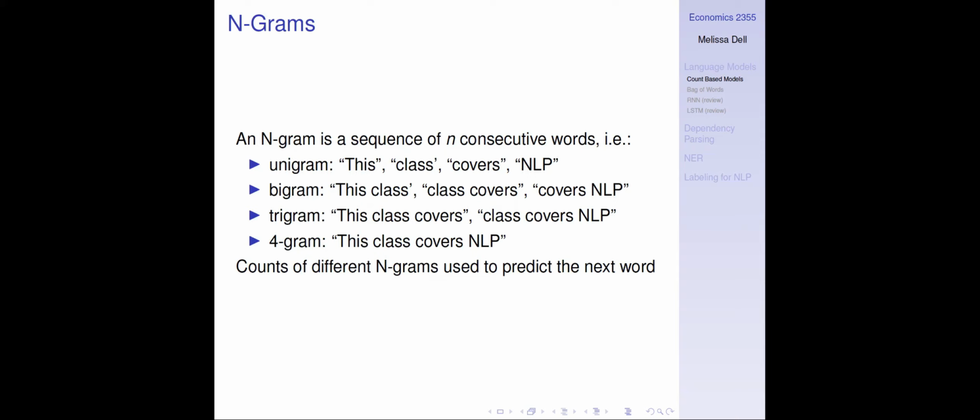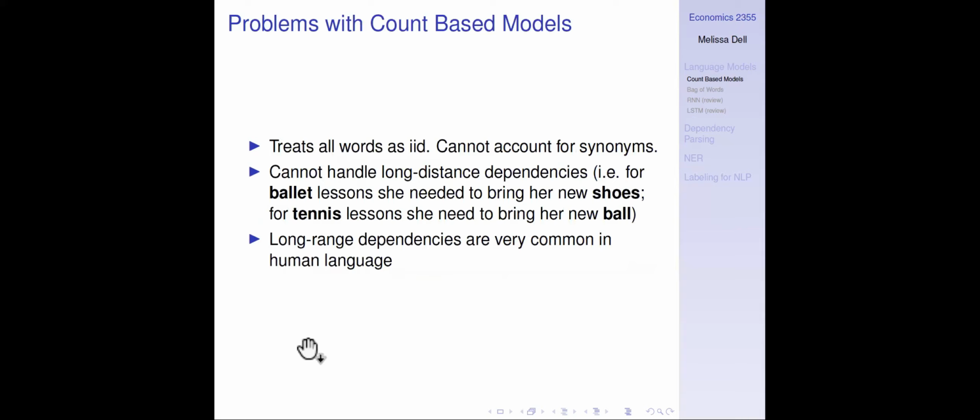A bigram is two consecutive words: this class, covers NLP. A trigram is three consecutive words: this class covers, class covers NLP. A four-gram: this class covers NLP. And you use counts of different n-grams to predict the next word.